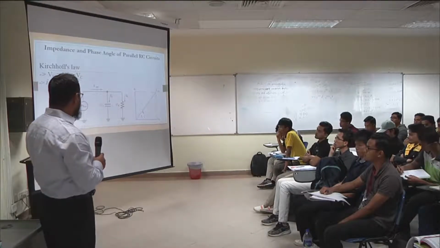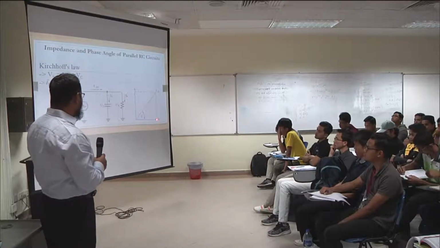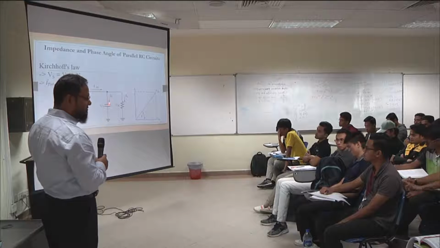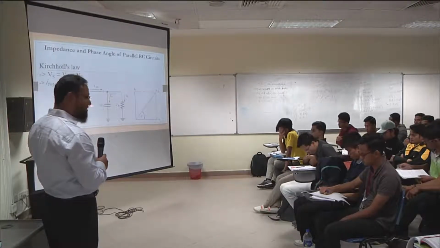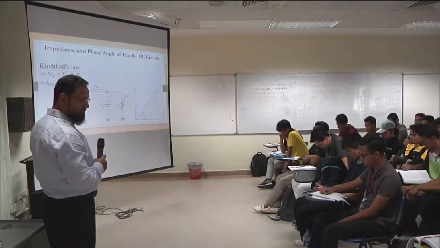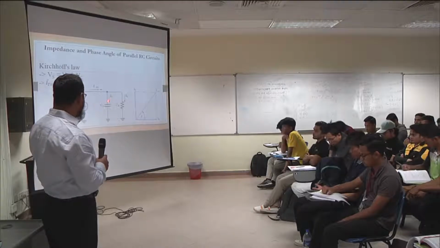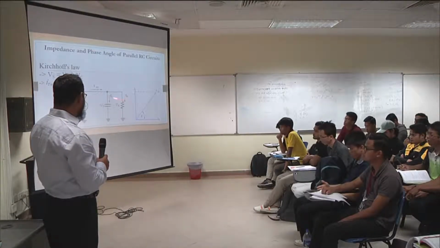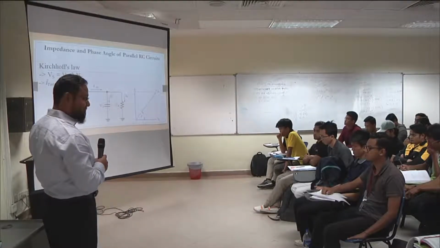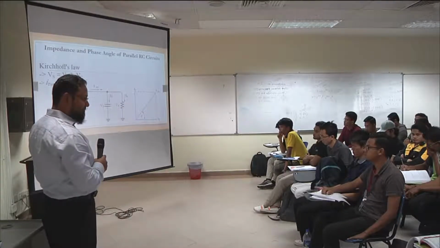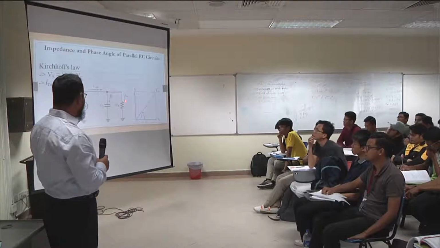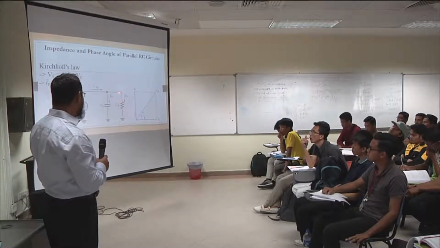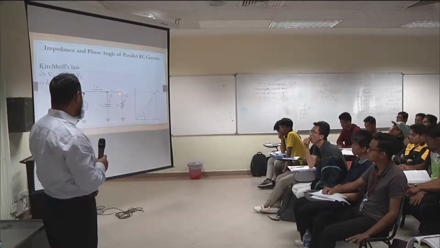Okay, so we know that this current is going to be in phase with this voltage, right? Remember, this current, IR, is simply Vs divided by R. This current IR is equal to Vs divided by R, because this is Vs from this point to this point.